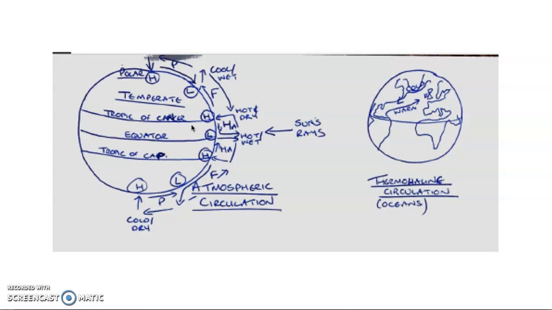Now some of the air which is descending here is also drawn into more temperate latitudes. So here we tend to get this warm, dry air rising up to higher latitudes. Now also what happens though is we get this cold air, this other high pressure, which is being forced down.